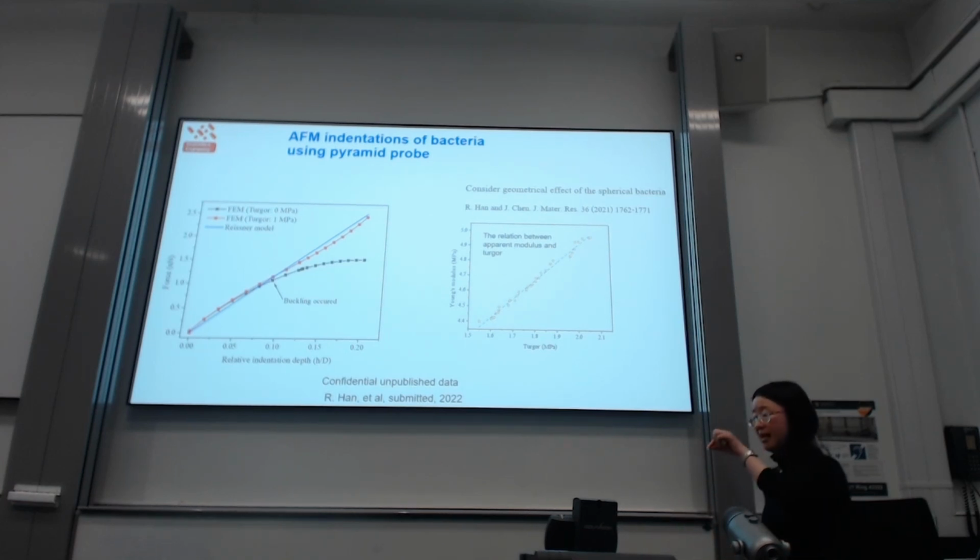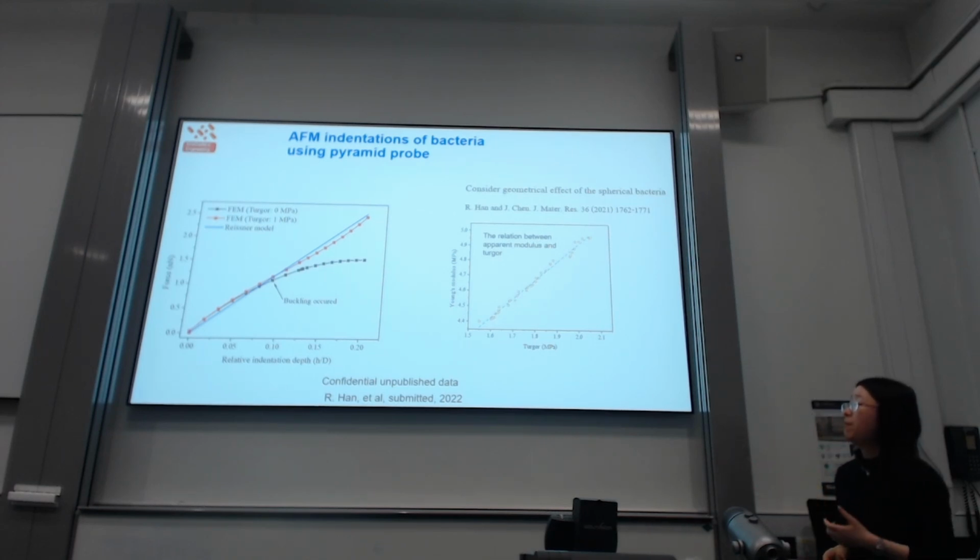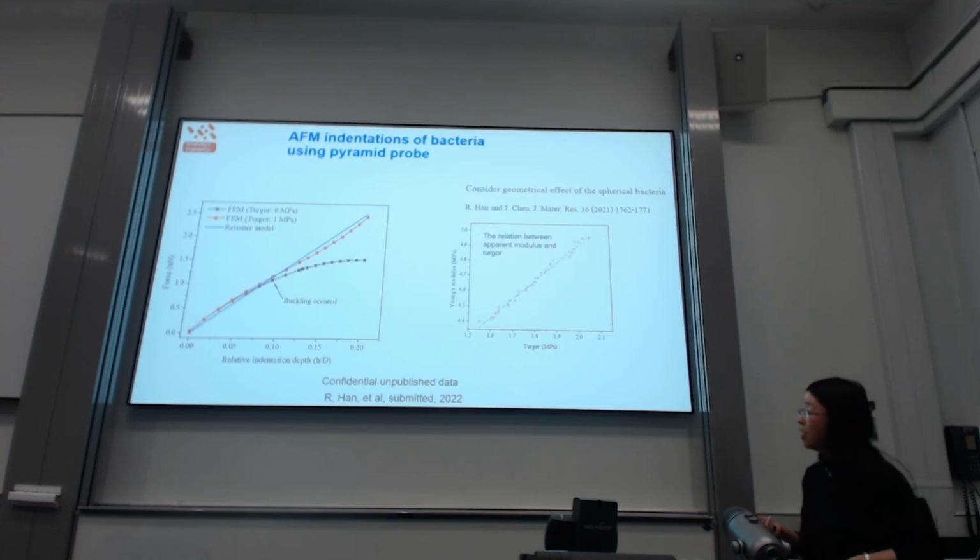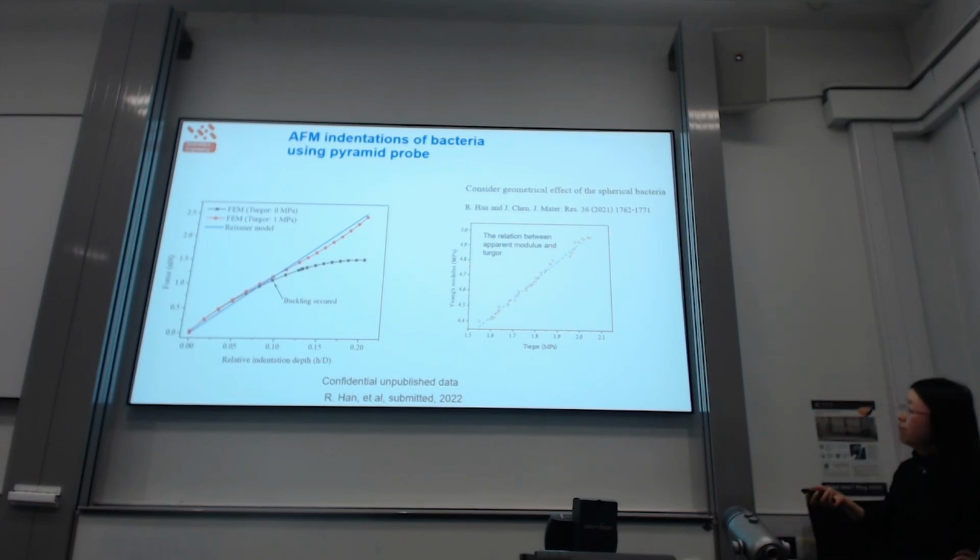When you indent bacteria, which are so tiny, around 0.5 to 1 micrometer, it is not point loading, so we had to modify that equation. We also noticed that if we increase the turgor, the apparent Young's modulus of the bacteria also increases.